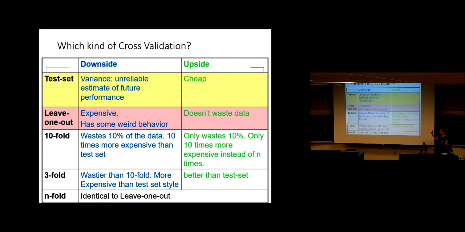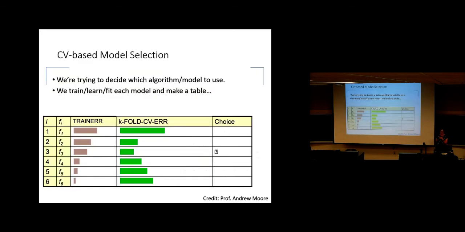It's a very good procedure to do model selection. So you tried all the different models, you have the cross-validation errors, you just use the mean. Whichever gives you the smallest, that's the model you pick. And this is cross-validation based model selection. Question here.